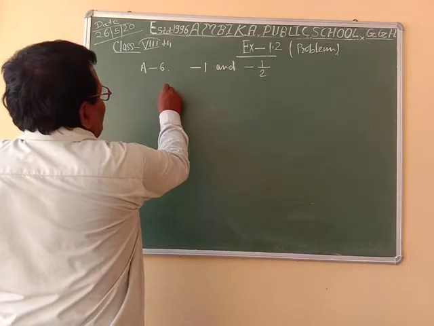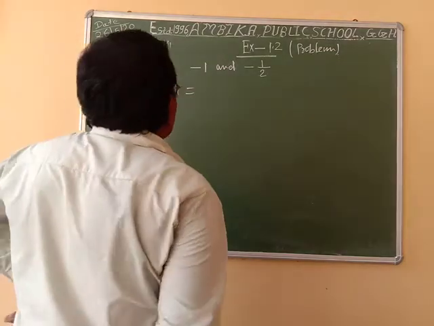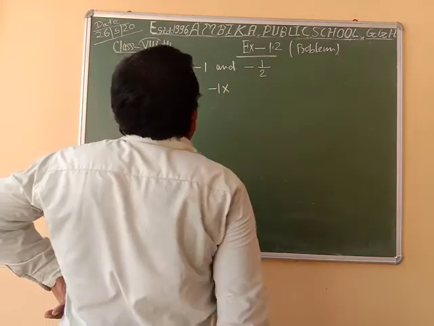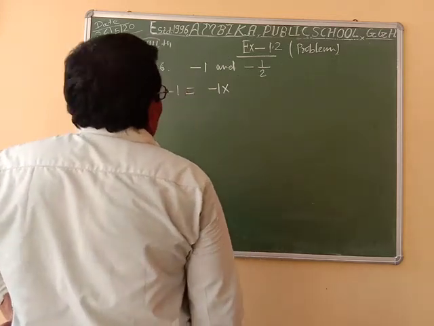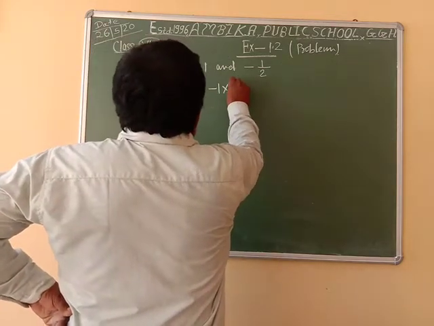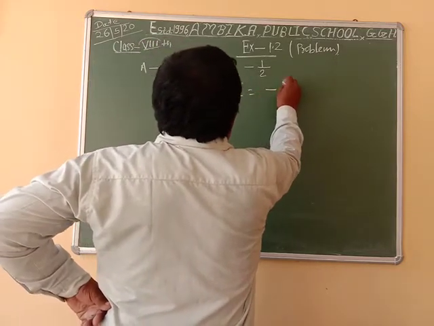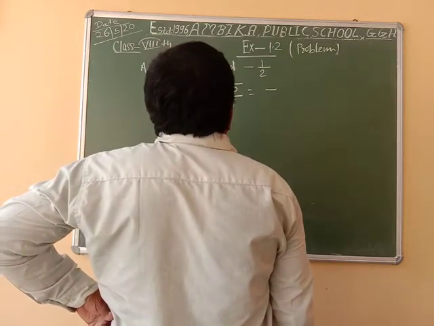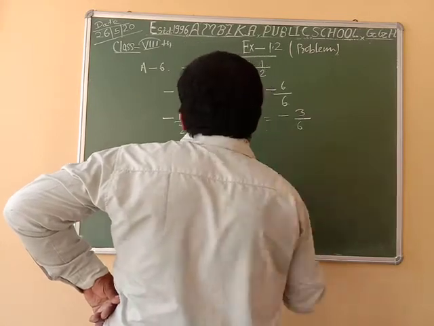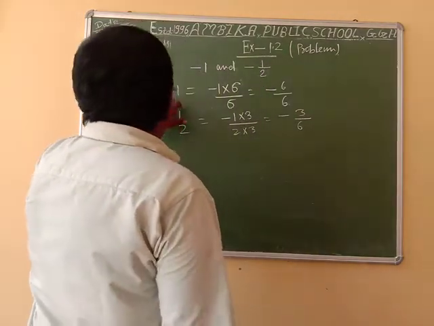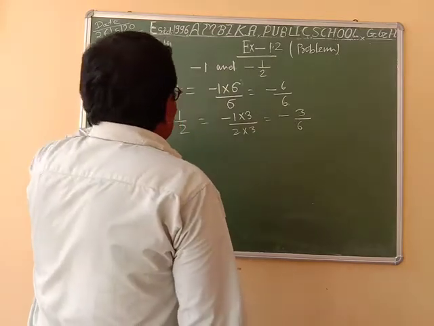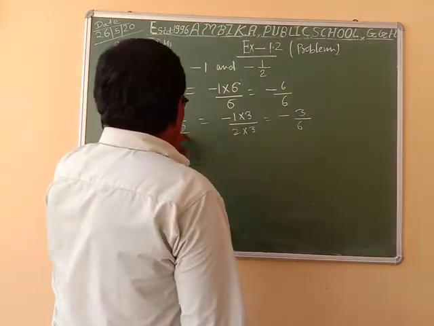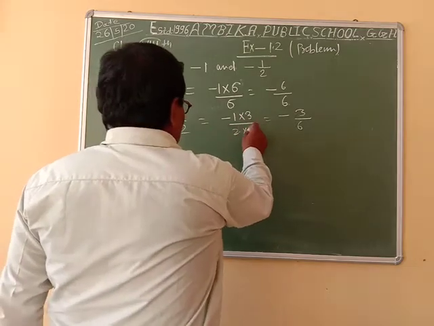So we can write minus 1 is equal to minus 1 into 6 by 6, is equal to minus 6 by 6, and minus 1 by 2 is equal to minus 1 into 3 by 2 into 3.